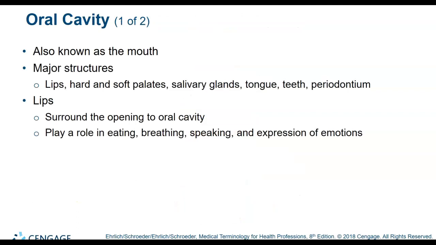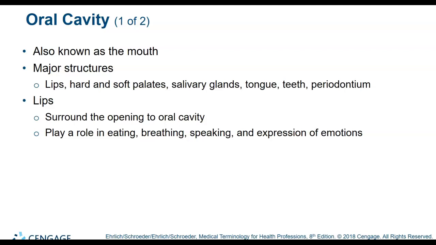With the oral cavity, again, we know it as the mouth, and it's going to include everything that we typically know with the oral cavity: the lips, the hard and soft palate, salivary glands, tongue, the teeth, the periodontium, so all of those things.